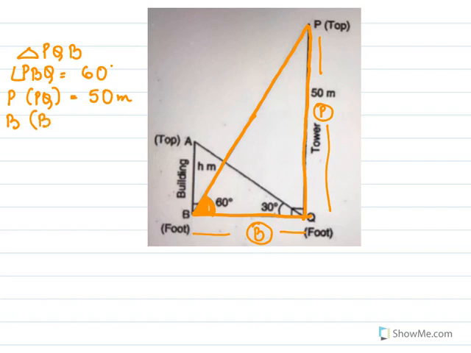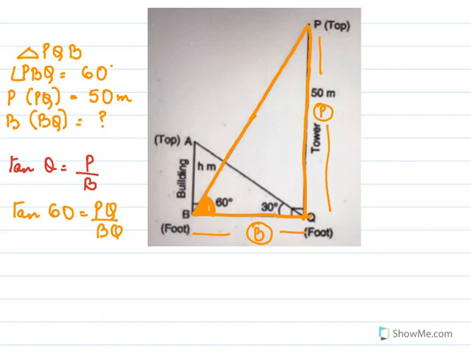And the base in this is the base BQ, which I don't know, and I'm going to find it out. So since we have perpendicular and base, we use tan theta equals perpendicular over base. So tan 60, perpendicular PQ, base BQ.